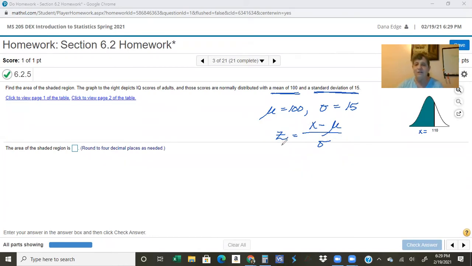A z-value is nothing but the number of standard deviations that you're standing to the left or the right of mu, of the average.